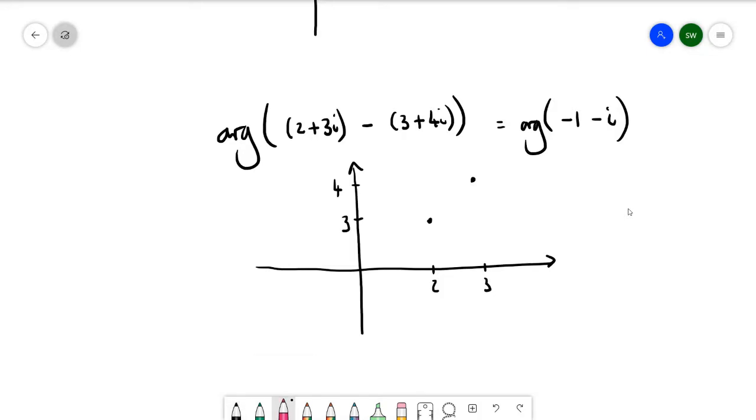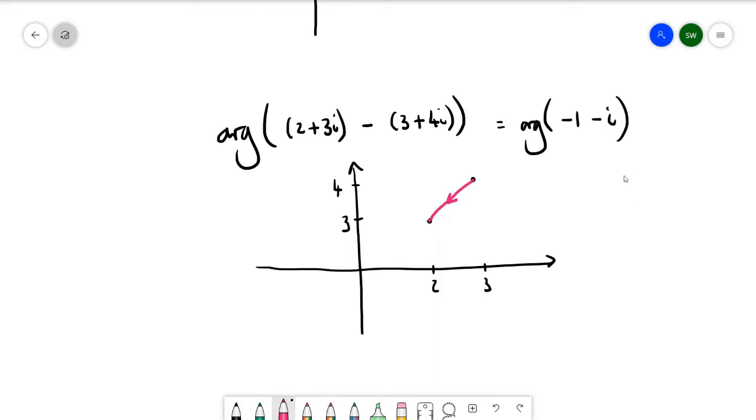But another way that's going to be useful for the next example of thinking about this is that inside the bracket here we've got the vector that takes us from 3 plus 4i to 2 plus 3i. So that vector there, and it's important to realise that this vector is going in this direction here. So we want what's the argument of that vector.